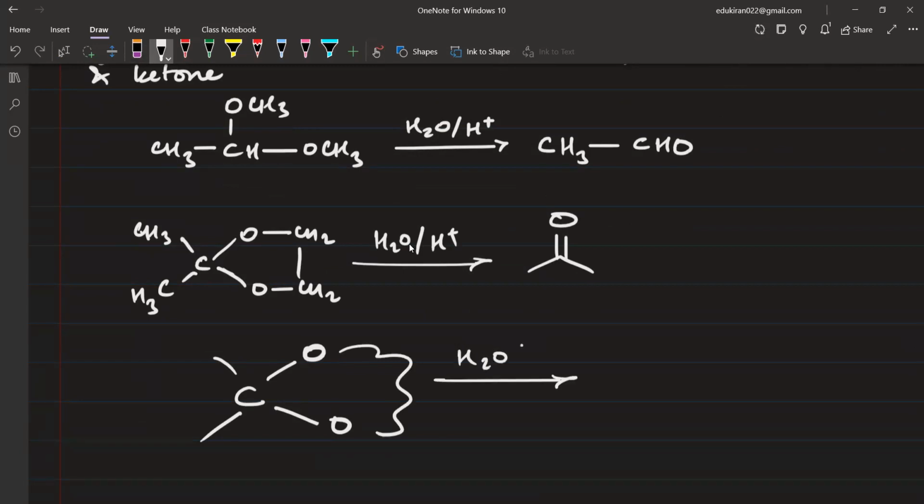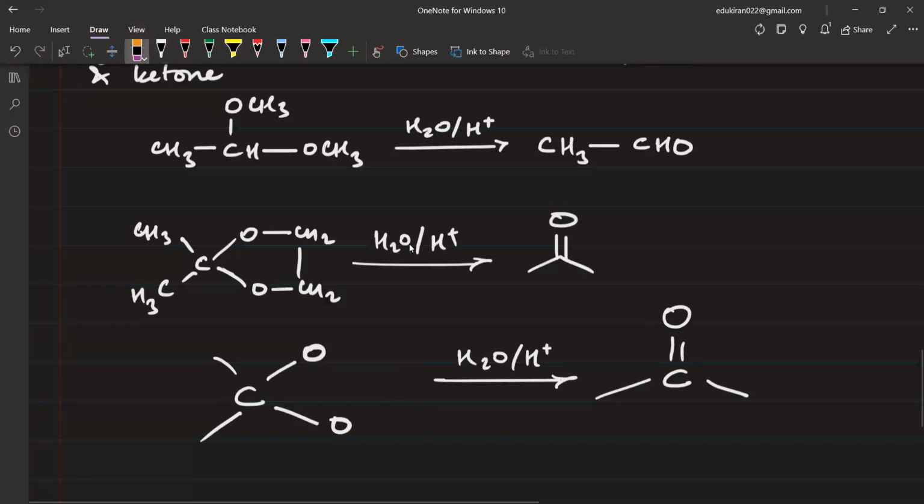In the presence of H2O and H plus, these groups will be as it is, this carbon will get a double bond. No matter what group is attached here, doesn't matter. See, O, break them. You get CH3, that's it. And then you have your carbon, and here you have one hydrogen. So this will be now CH3, carbon, double bond O and attached to hydrogen.